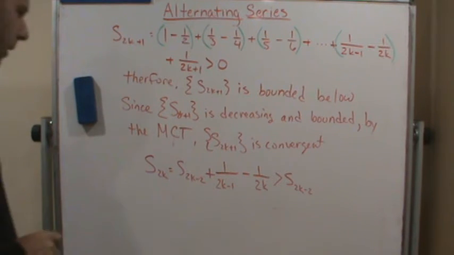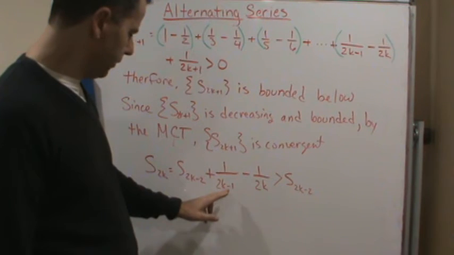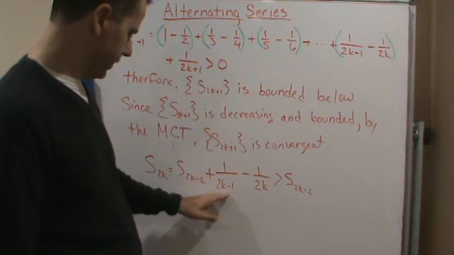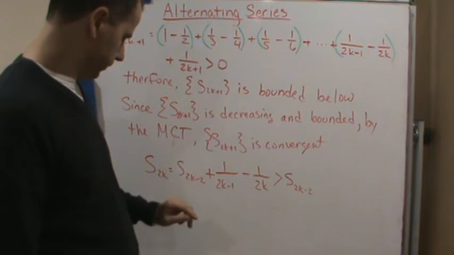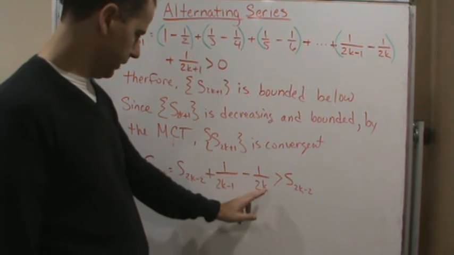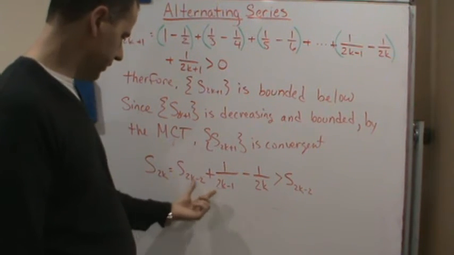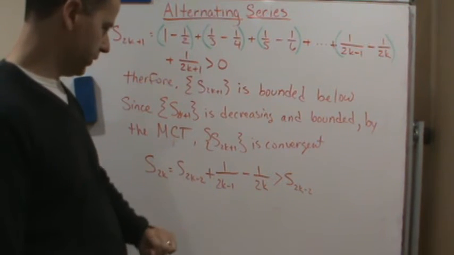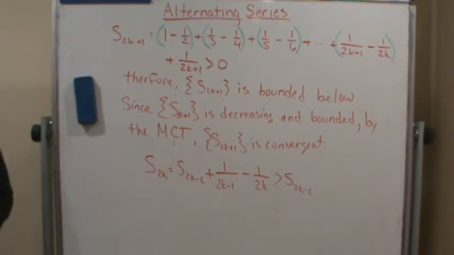Now, how is that? Well, here this is positive and this is negative. So the difference between these two, because this one is slightly bigger than this one, now we got positive terms, so this is going to now be an increasing sequence of partial sums. Okay, so now this is increasing, right?